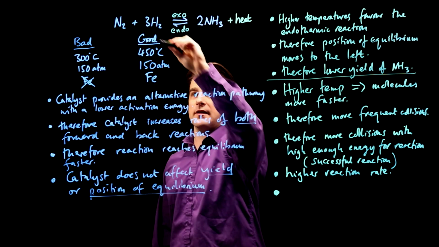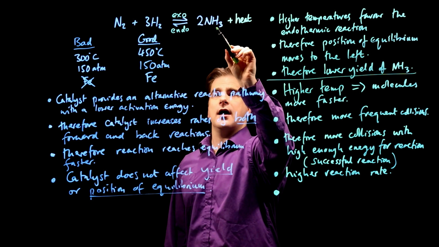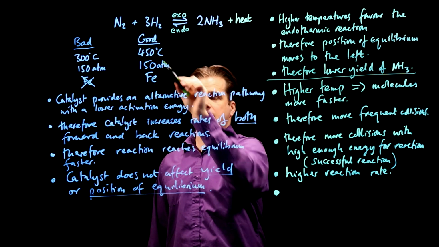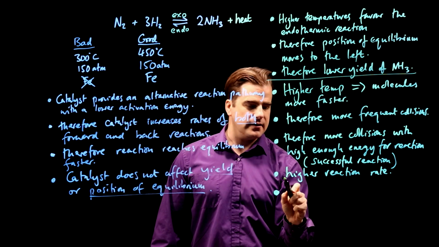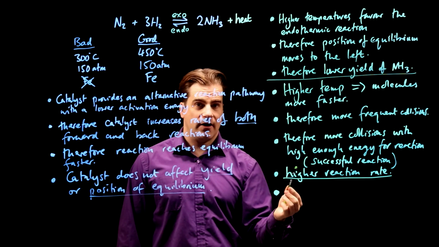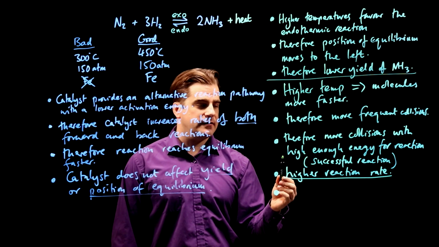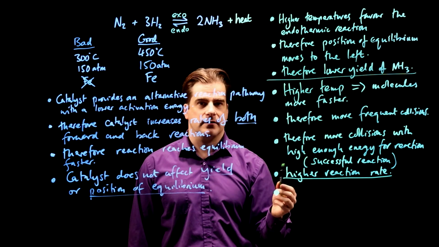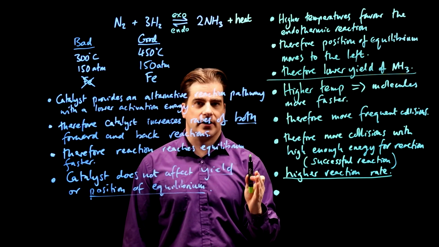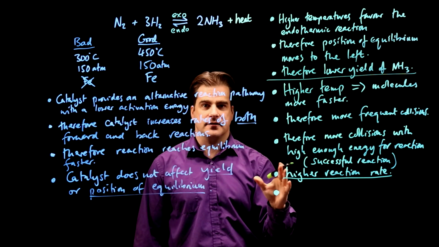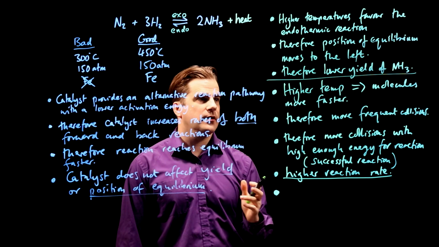We're pushing the reaction in that direction and lowering the yield, but the reason we do it at that high temperature is to get a higher reaction rate. Okay? And a higher reaction rate is worth getting at the expense of a lower yield. That's the whole point. Okay? If you can communicate your understanding of that to the examiner, brilliant. That is what you need to do.